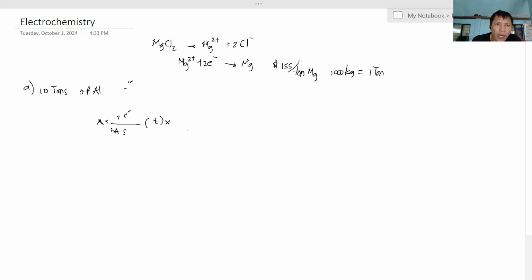We have current, and then we convert it using Faraday's constant, which is a coulomb per mole of electron. So you have your mole of electron, and the coulomb is cancelled off.